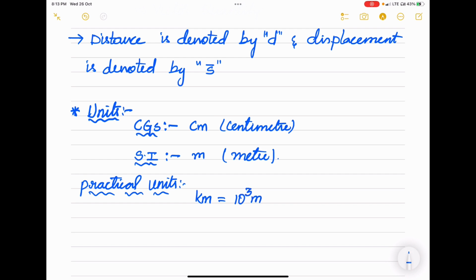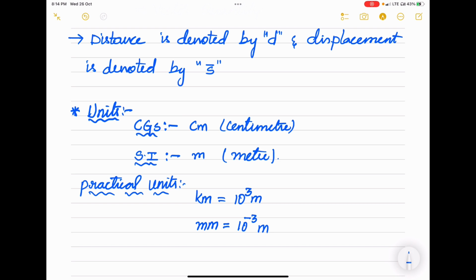Likewise you can say even millimeter, a practical unit for smaller distances. This is 10 to the power of minus 3 meter, a prefix added called milli to the meter m. Likewise, giving many prefixes to the unit called meter, we can have many practical units which we use in our daily life. Examples like, size of an atom will be of micrometer or nanometer.